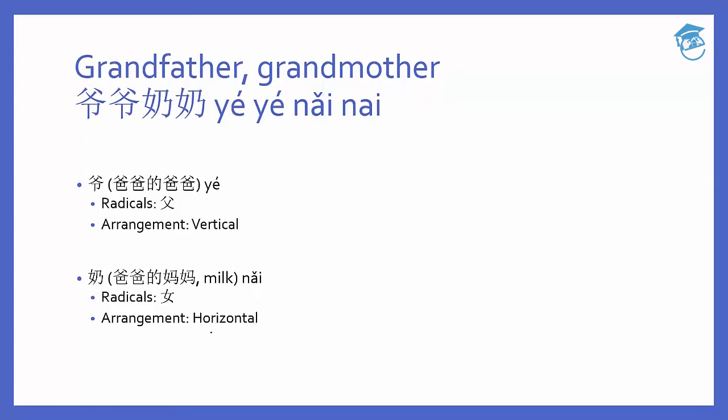The arrangement is horizontal. Let's look at how to write 奶. 1 2 3 4 5 6. 6 strokes for this word, 奶.